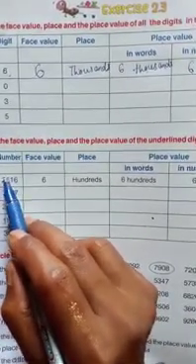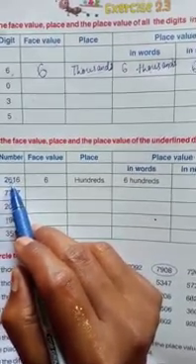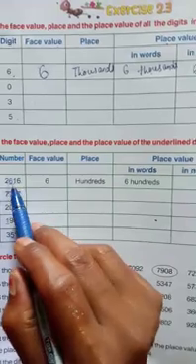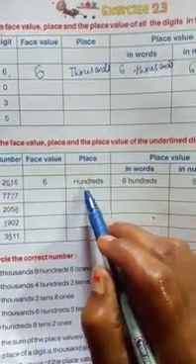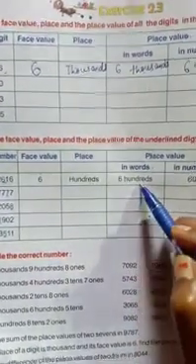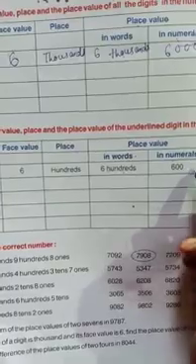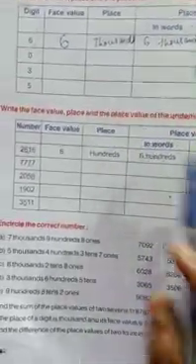Here you have to write the face value of 6. The face value of 6 is 6 and 6 is in the hundreds place, so you will write hundreds. Then place value in words, six hundreds, and in numerals 600. Like that you fill this table.